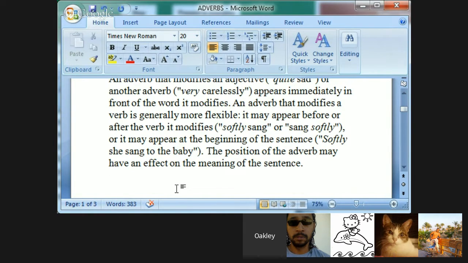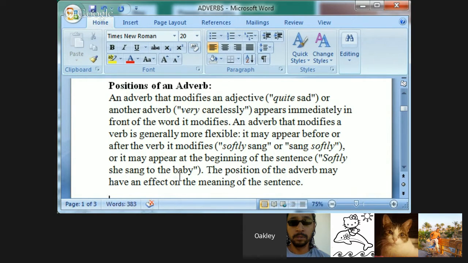Okay. Try this again. The first couple of functions of an adverb is to modify an adjective, like quite sad, or an adverb. So I would like to try that first because it's fairly straightforward when you're talking about position. It will go immediately in front of the word it modifies.